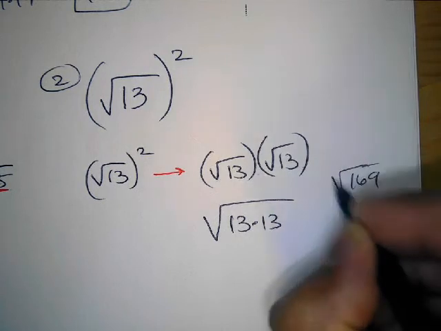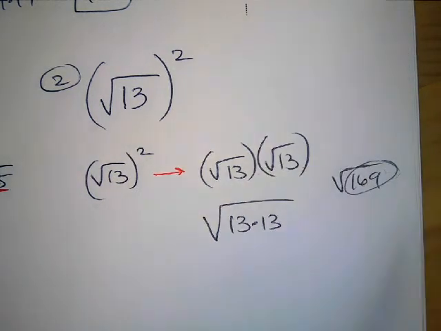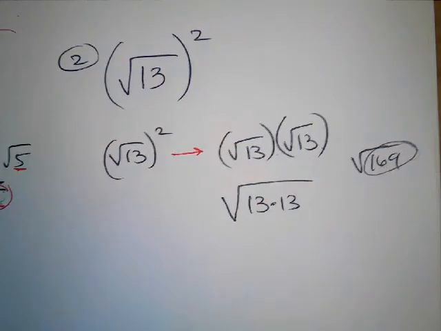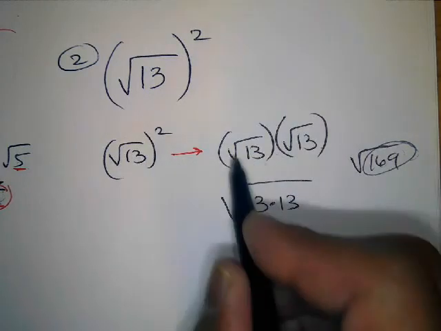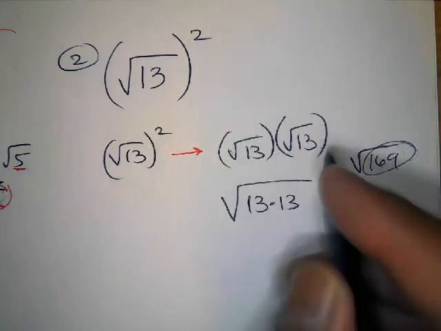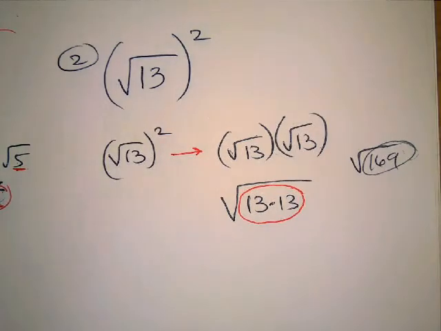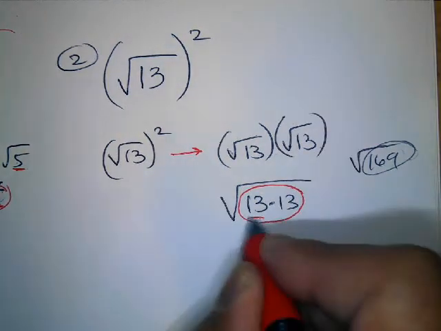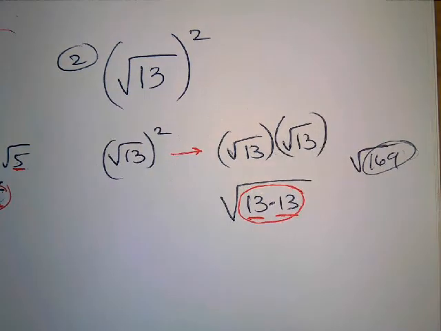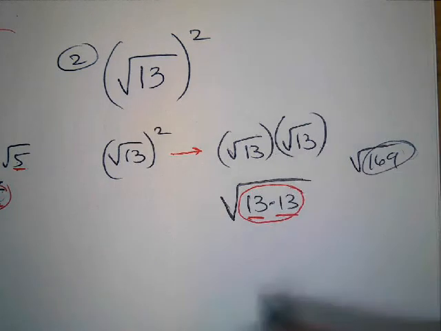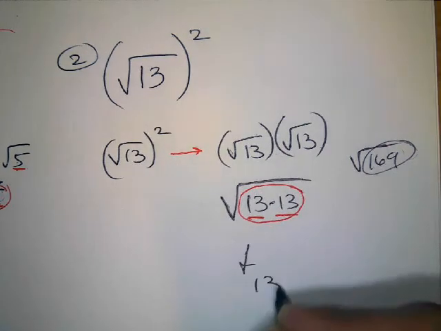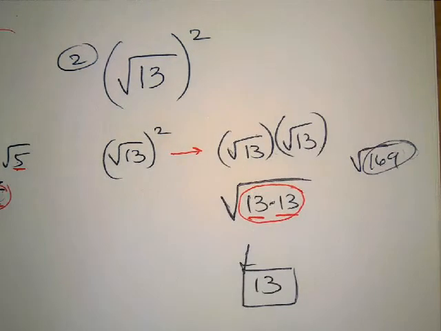It is 169, by the way. But I don't need to do that. I already know that when I see the square root of 13 times the square root of 13, I got 2. Remember, you want to get 2. And when you get 2 of the same number underneath the square root, then that means that's the answer, right?